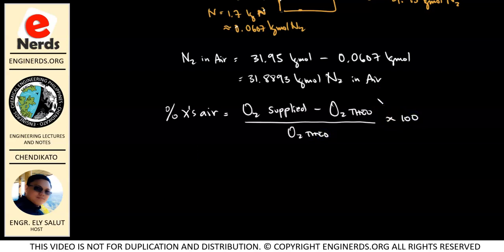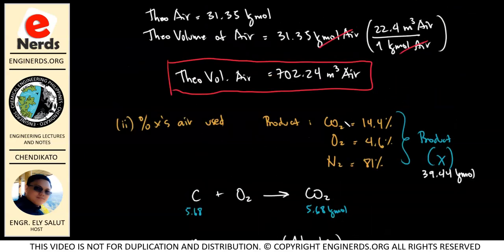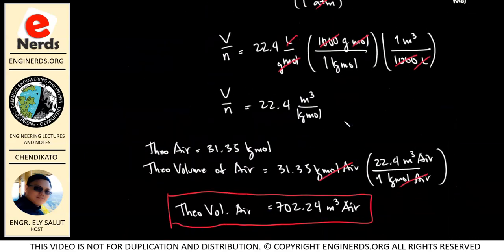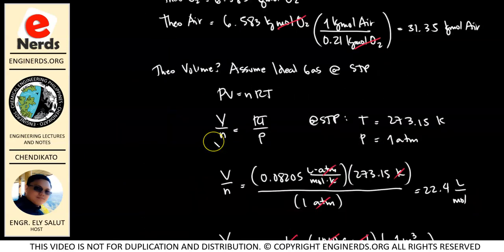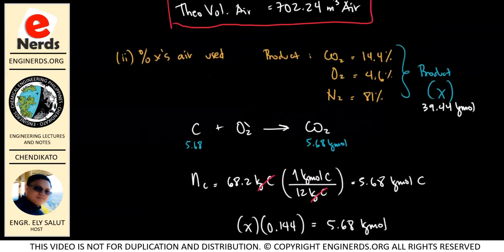Okay? So, kailangan makuha natin yung O2 supplied. So, yung O2 supplied will be calculated based from the N2 on the air, no? So, yung O2 theoretical, alam na natin. Nakuha natin yan dito sa unang calculation natin. So, we have here the theoretical O2, which is 6.586 kilogram mole ng O2, no? So, sulat natin yan.